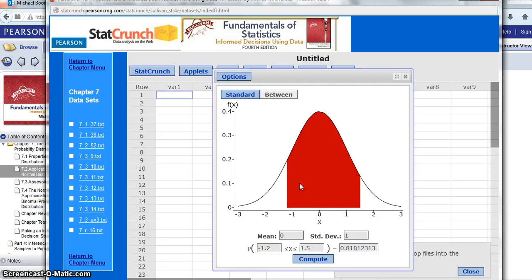Now, there's been a couple questions out there on how do you find the middle 60%, the cutoffs. So to find the z-scores for the middle 60%, let's think of it a couple ways. If my middle is 60% and it's in the middle, that means it would be symmetric on both sides.